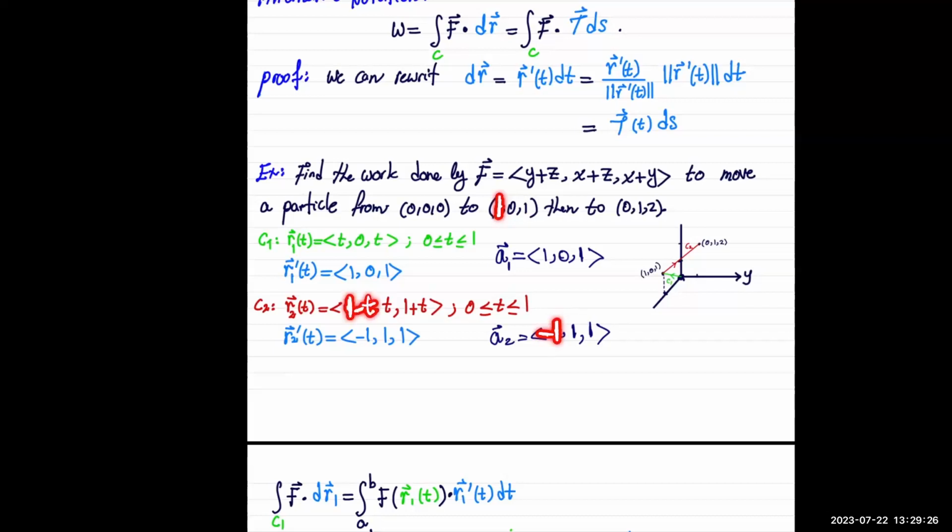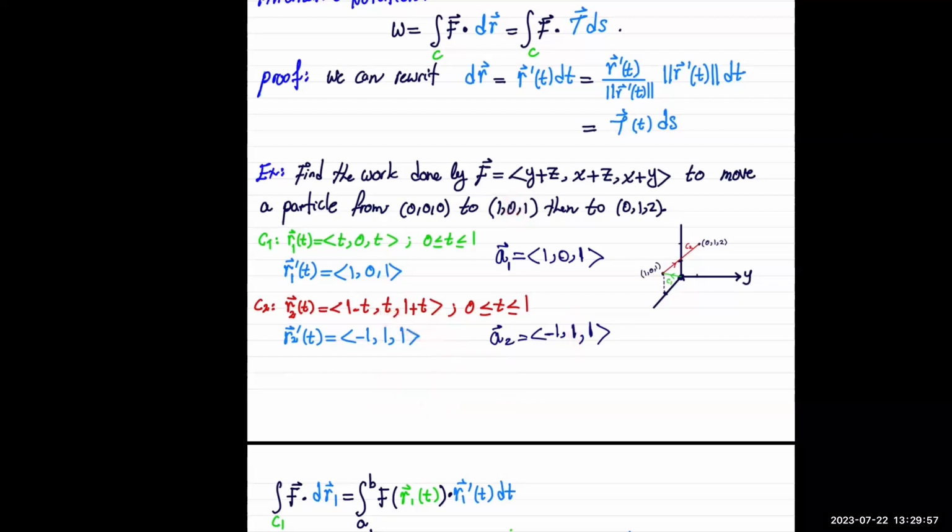That's the i hat component of the second R. The j hat component is going to be the y coordinate of the initial point, which is 0, plus the j hat component of the direction vector, which is 1, times t. And that just gives you t. There you go.